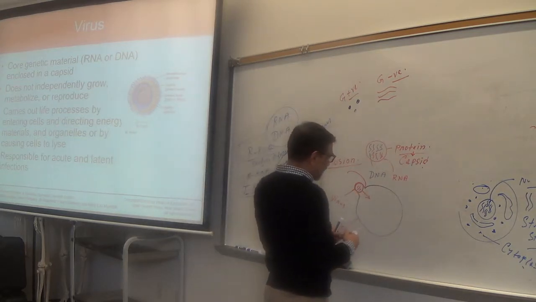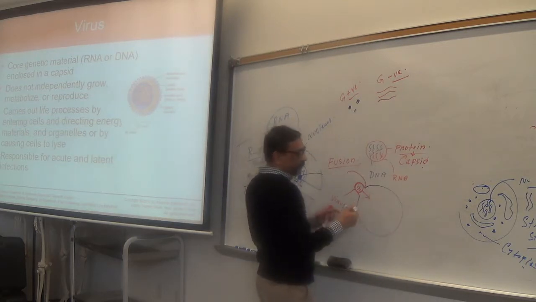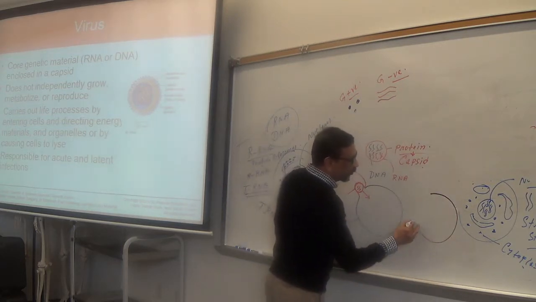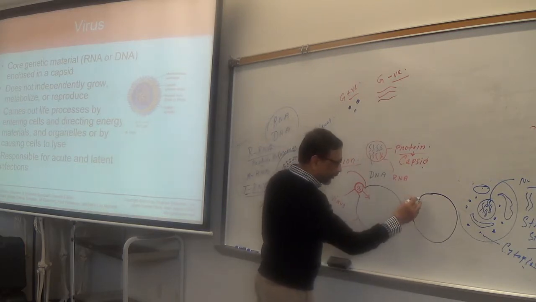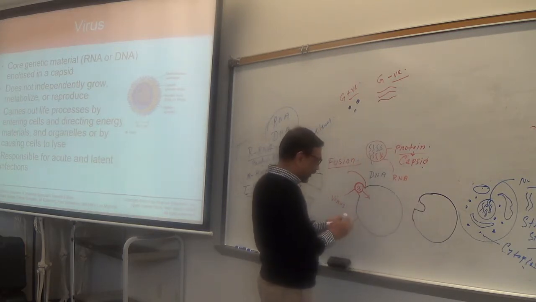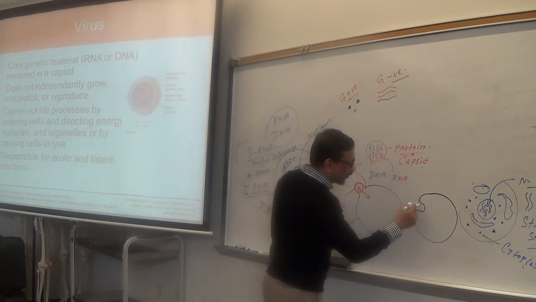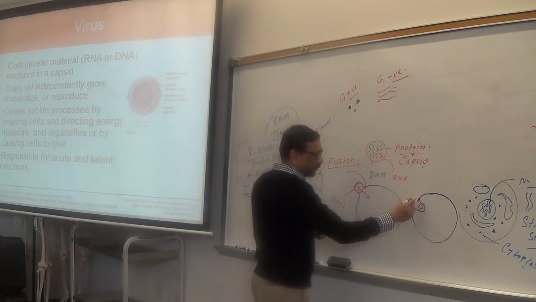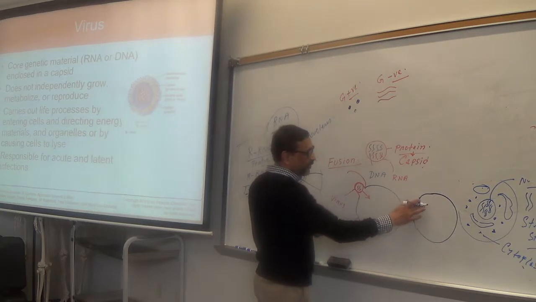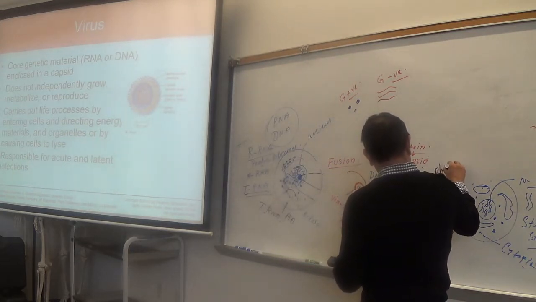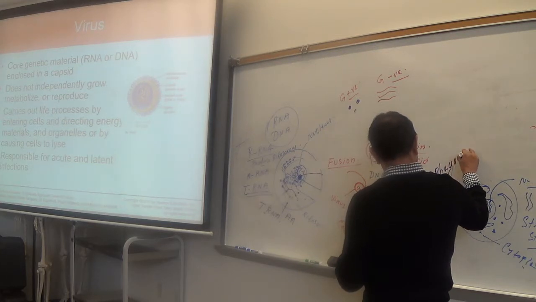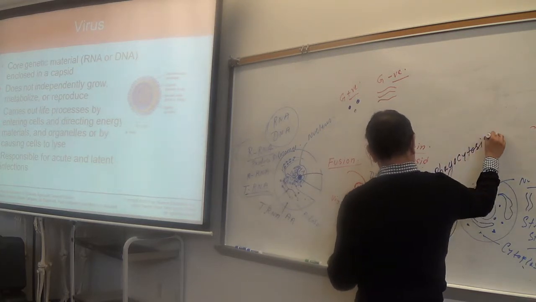Another way a virus can enter into the cell is by phagocytosis. So this is the cell, and this is the virus, and this cell will engulf that virus by phagocytosis.